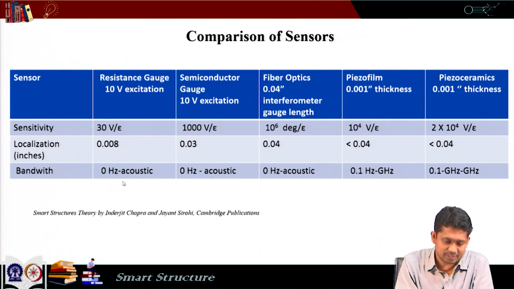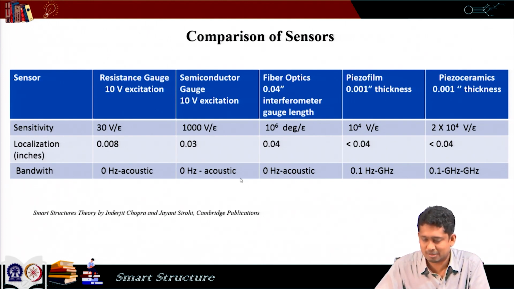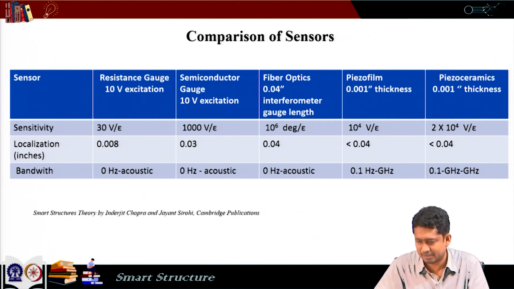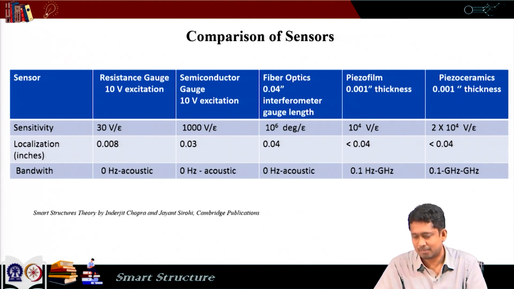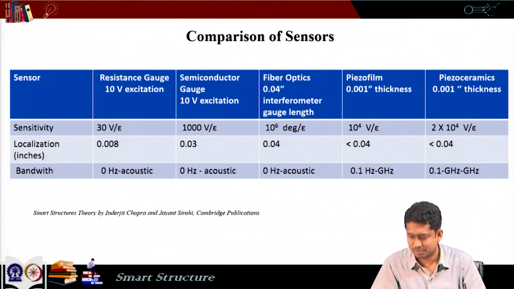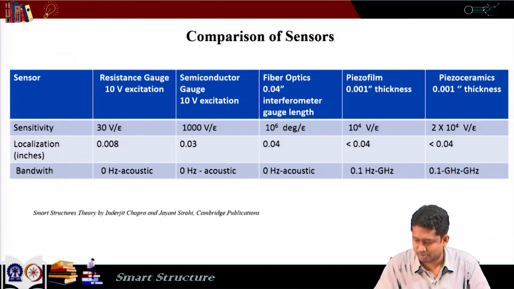As far as the bandwidth is concerned, resistance gauge operates from 0 hertz to the acoustic range, semiconductor gauge and fiber optics also operate in the same range, piezo film operates from 0.1 hertz to the gigahertz range, and piezo ceramics operates from 0.1 hertz to the gigahertz range.